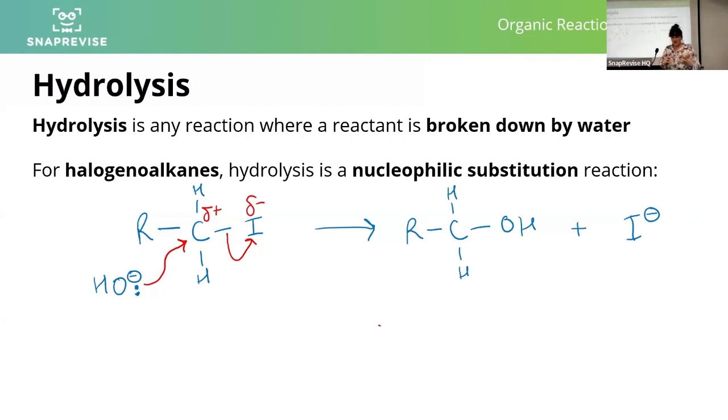We can look at the rate of hydrolysis to determine carbon-halogen bond strength, because the faster the hydrolysis will happen, the weaker that carbon-halogen bond must be. So which is weakest, which is strongest, which is therefore going to be the fastest rate of hydrolysis, and which is going to be the slowest?